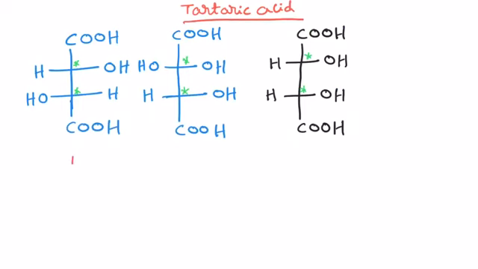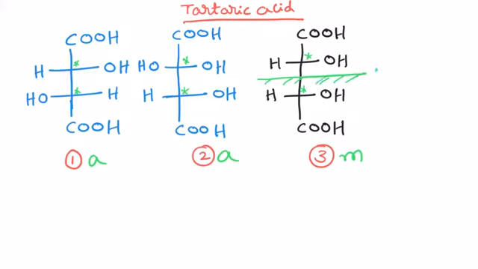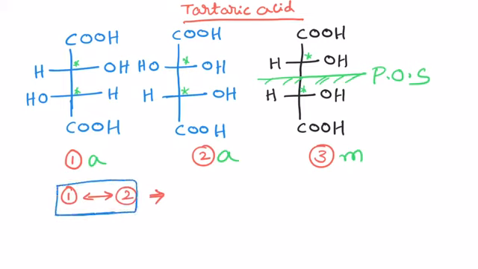This is tartaric acid. Tartaric acid exists in 3 forms. This is the first form, this is the second, this is the third. In these three, the first one is active, the second one is also active, but the third one is inactive or meso. Reason: if you observe this third molecule, it has a plane of symmetry. That's why it is optically inactive. Here 1 and 2 are called an enantiomeric pair or racemic mixture.